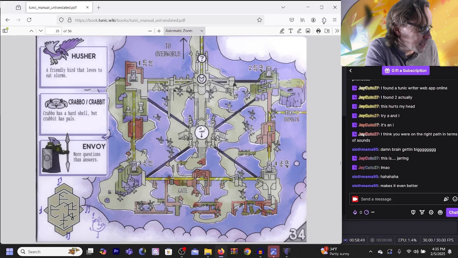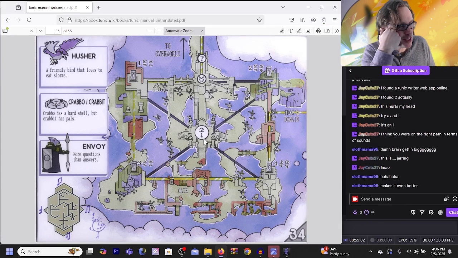There's this symbol again too, which I think we're supposed to take as upside down. Oh man, I still don't understand the dots.